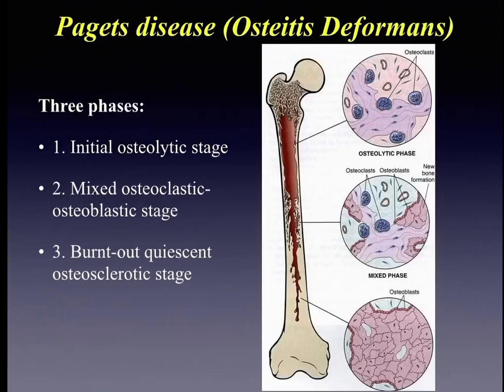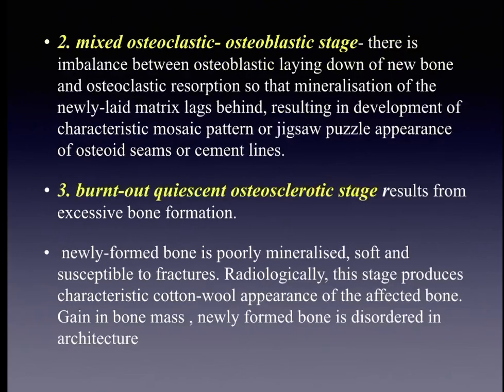There are mainly three phases in Paget's disease. The first one is the initial osteolytic stage, followed by the mixed osteoclastic-osteoblastic stage, and finally the burnt out quiescent osteosclerotic stage.